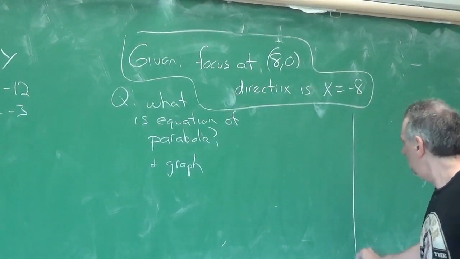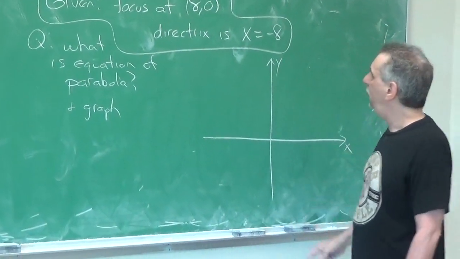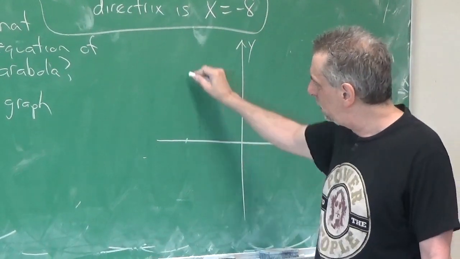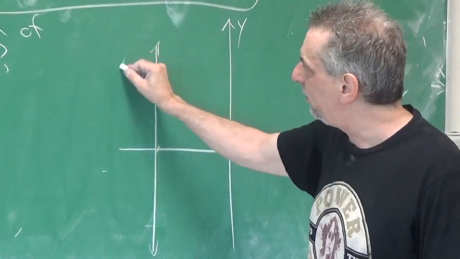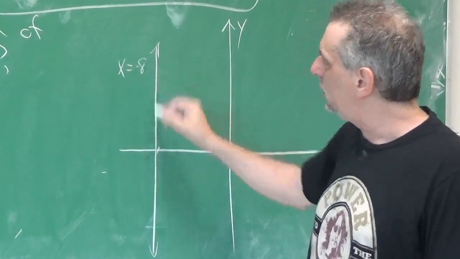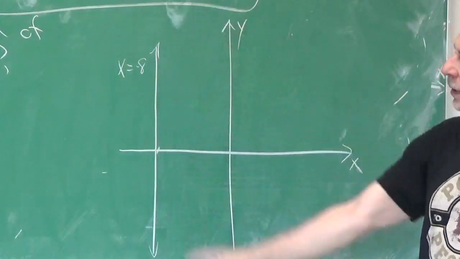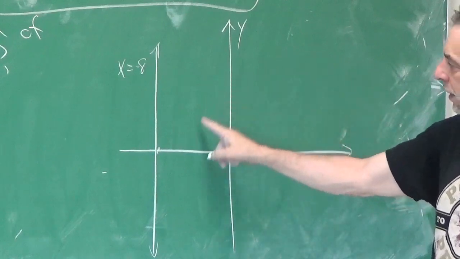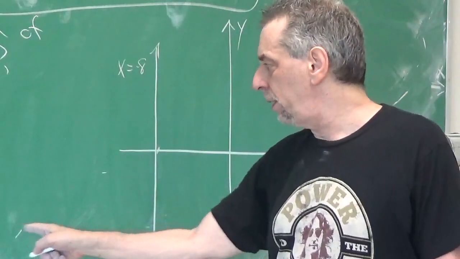If we try to draw it, we know this is a vertical line at negative 8. So we got our directrix here, and that immediately tells us a lot of information, right? Because now we know if the directrix is a vertical line, then the parabola is opening this way, or this way.